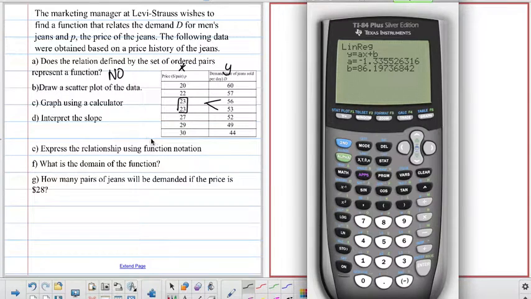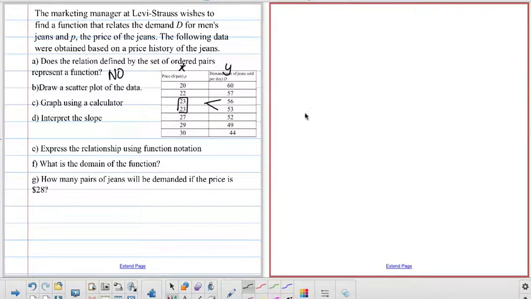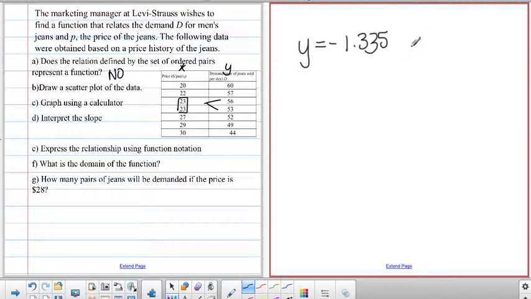Now, before we even go to graph, we can write down the equation of this line. It's going to be y equals negative 1.3355p plus 86.1974. And this isn't y, this is d, that's the variable they gave us.